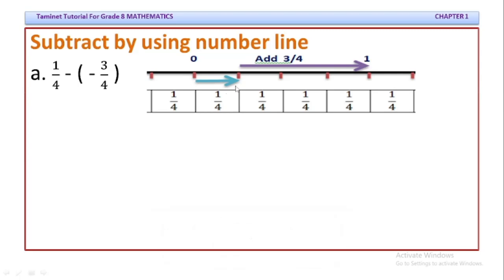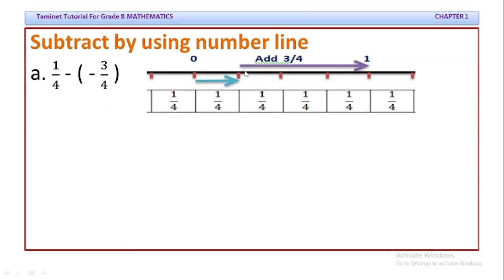This is 1 over 4 minus negative 3 over 4. That means, according to our previous discussion, you should decide the sign product. Negative times negative is positive. So this means 1 over 4 plus 3 over 4.